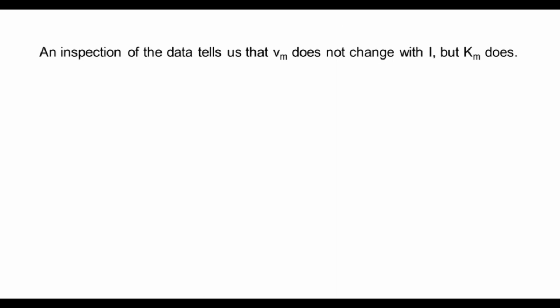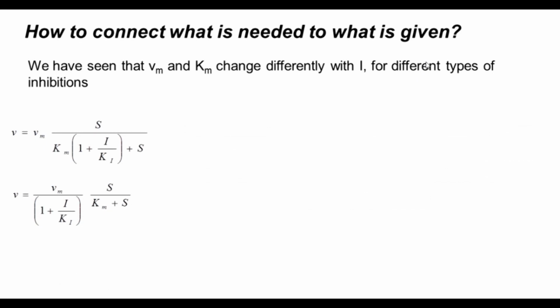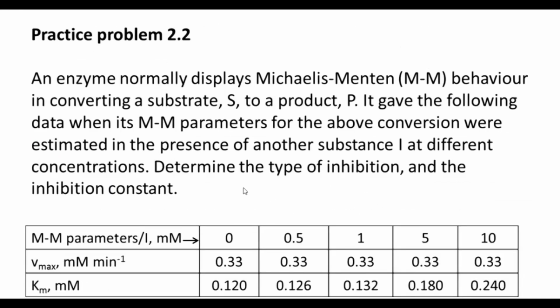Now, if we inspect the data, it tells us that Vm does not change with I, but Km changes. Let me show this to you here. The data was this. As the inhibitor concentration changed 0.5, 5 and 10, the Vmax remained the same at 0.33, right?